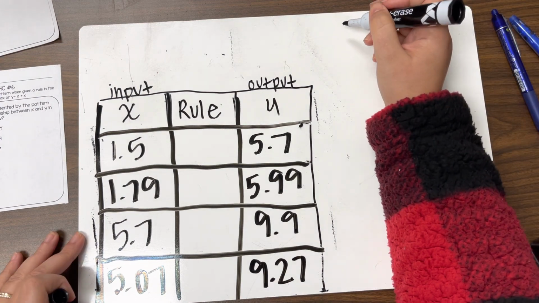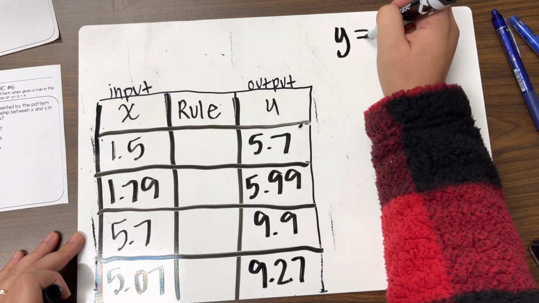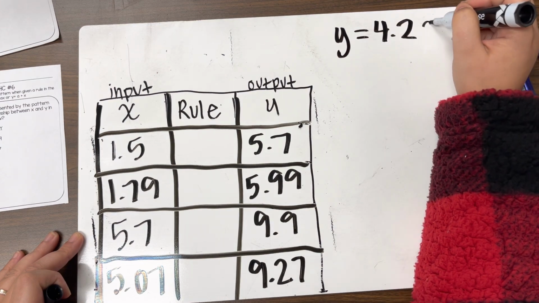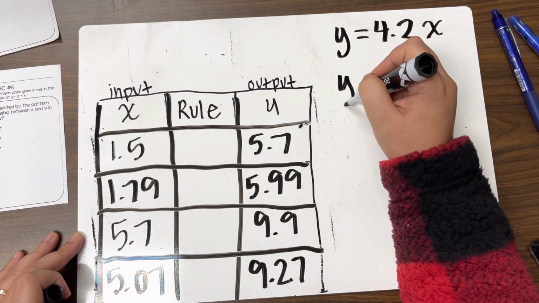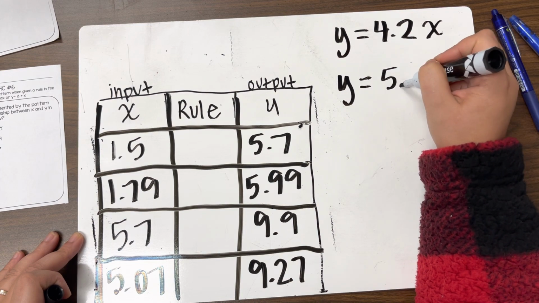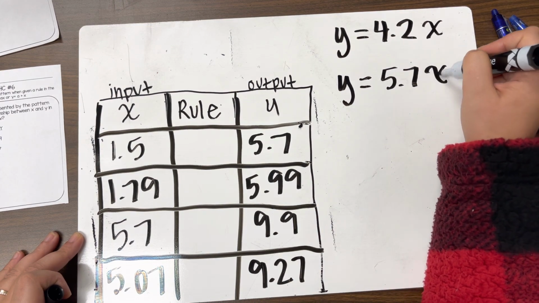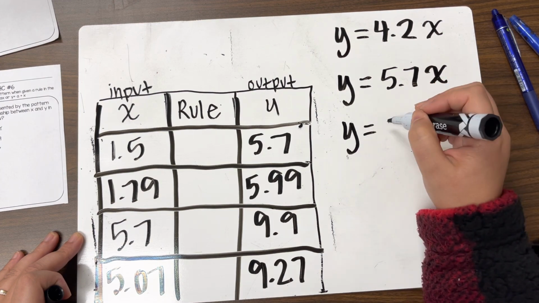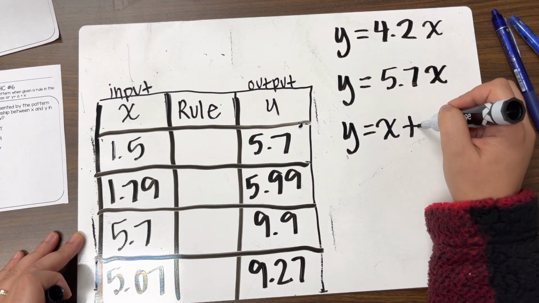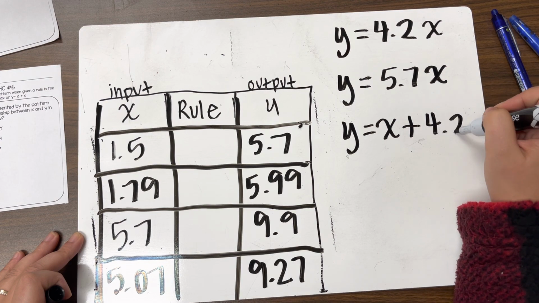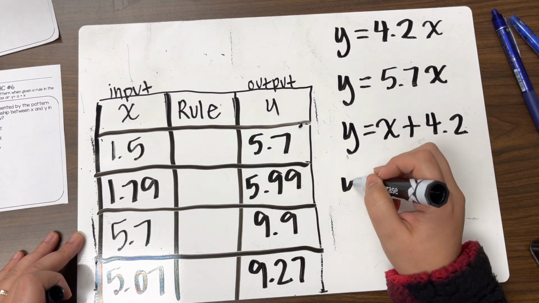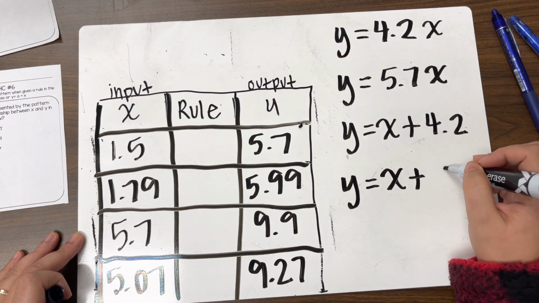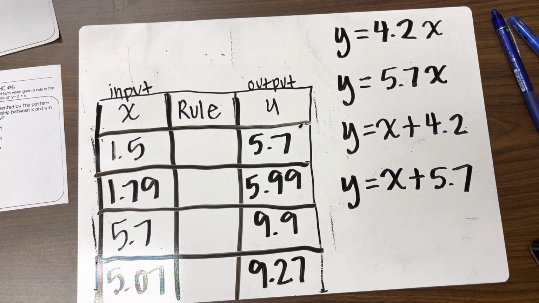So here are the options that we have. Y equals 4.2 times x. Y equals 5.7 times x. Y equals x plus 4.2. And y equals x plus 5.7, okay?